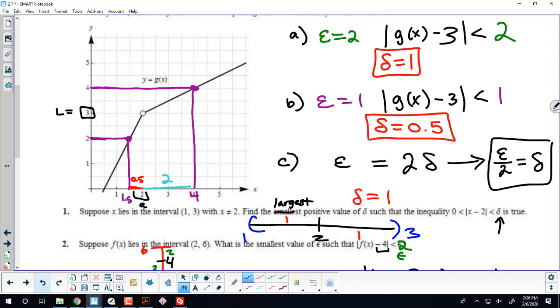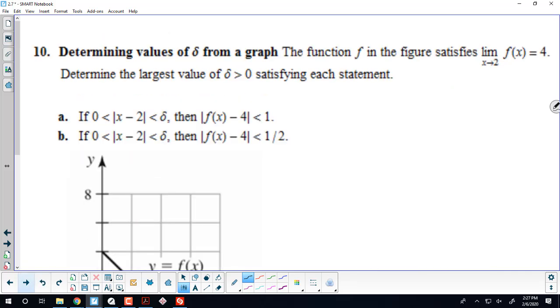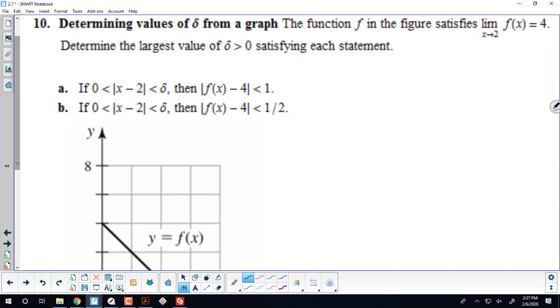All right, let's look at example 10. It's the same kind of idea.